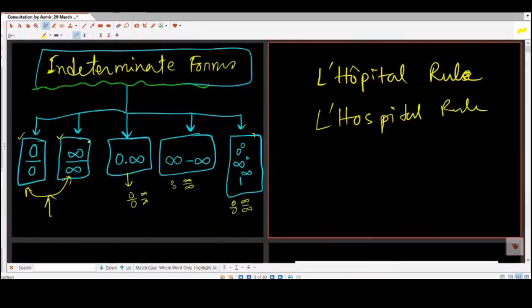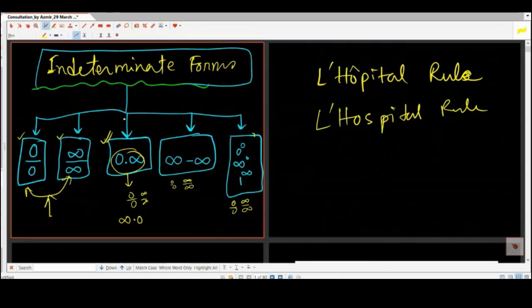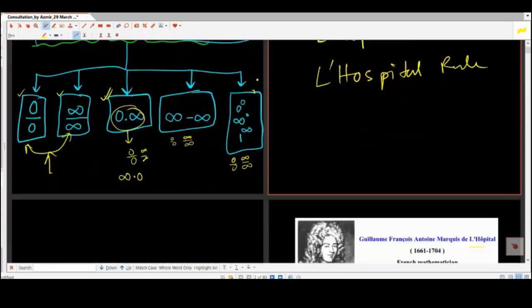So we have learned how to deal with 0 over 0 or infinity over infinity. Now let's focus on this type, if we have 0 times infinity or infinity times 0. This is another indeterminate form.